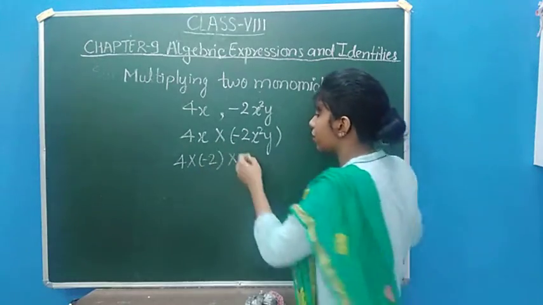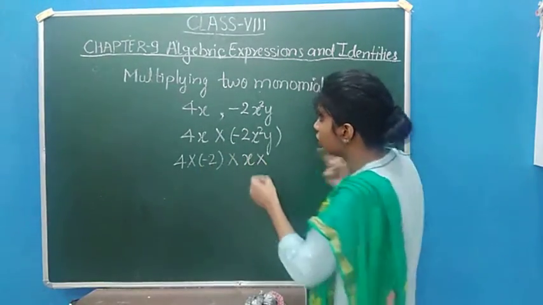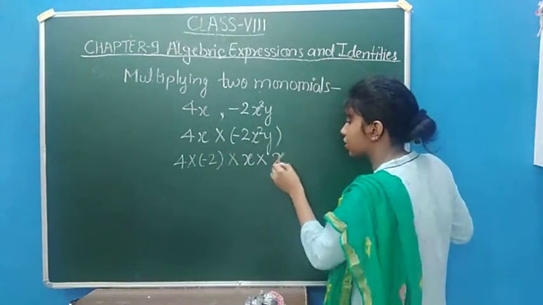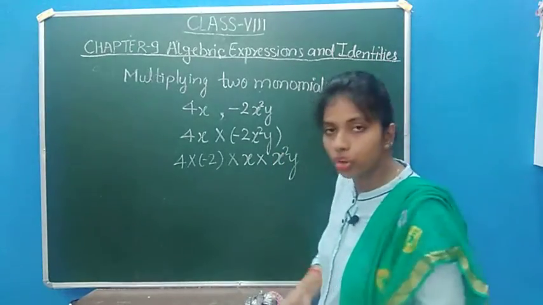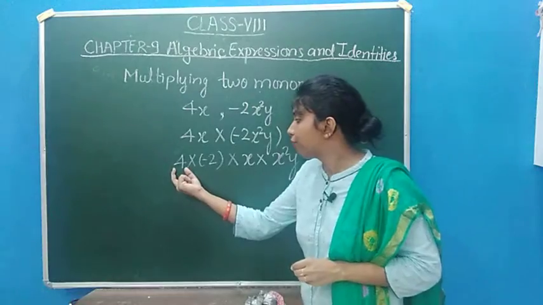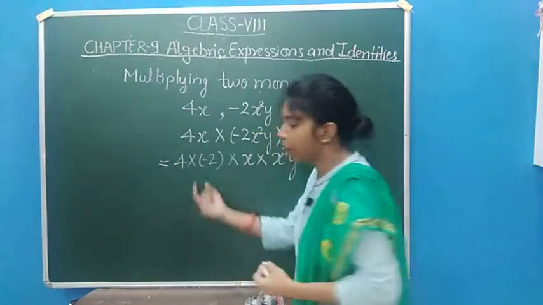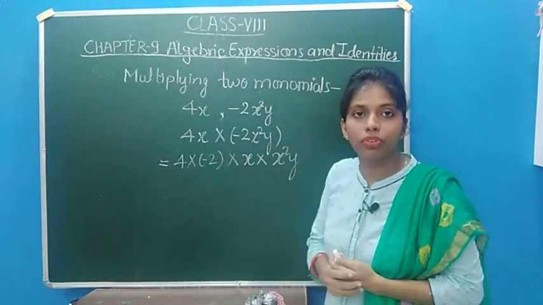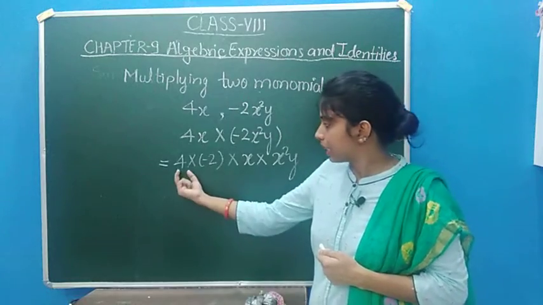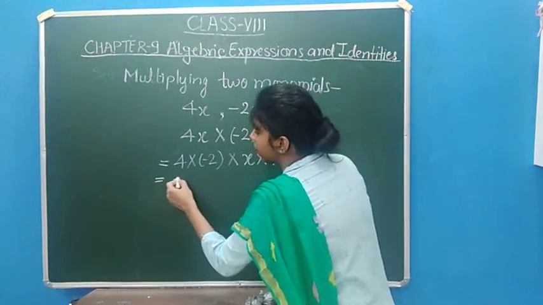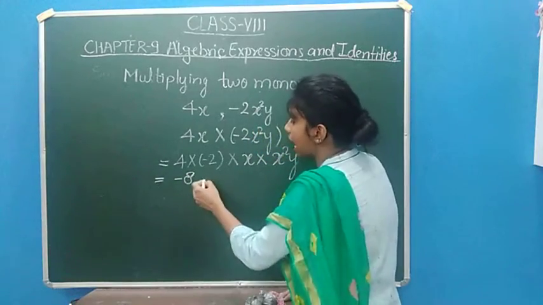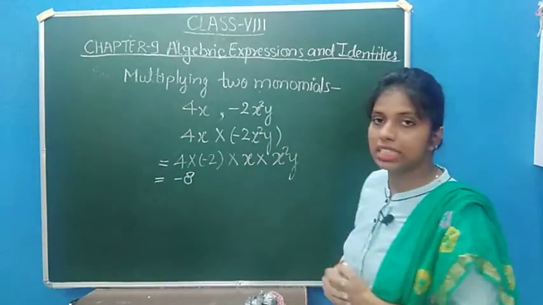Here the variable x into the variables x square y. Let's do the multiplication. If we multiply 4 with minus 2, we get minus 8.